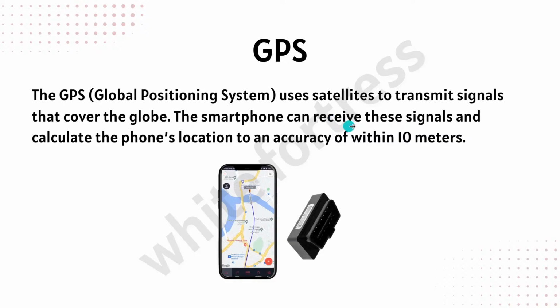The smartphone can receive these signals and calculate the phone's location to an accuracy within 10 meters. Okay, so within 10 meters it works fine, but it might or might not tell the exact location of the device.